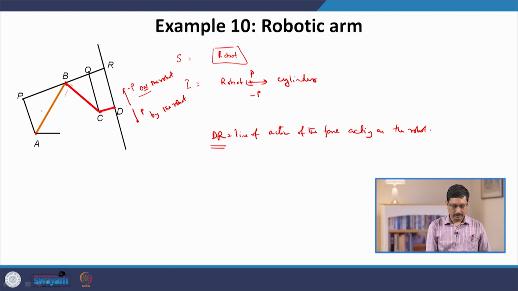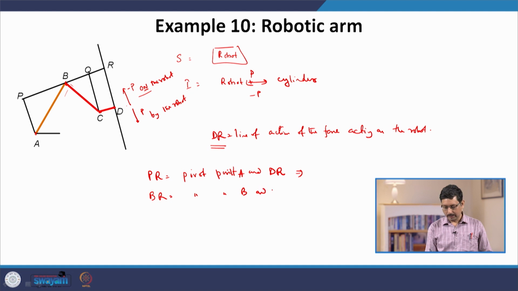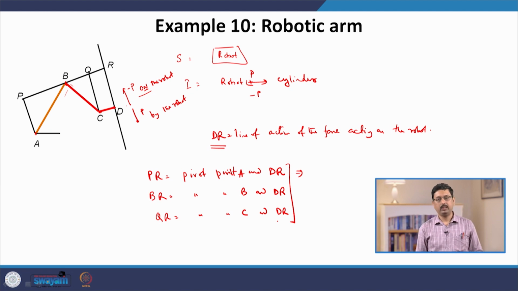As you can see, there is the distance of the line of action from the pivot point A, and the distance from B, which is the distance between the pivot point B and the line of action dr, and the distance from the pivot point C to the line of action dr. As you can see, these distances are different. So, for the same force the moments are different.